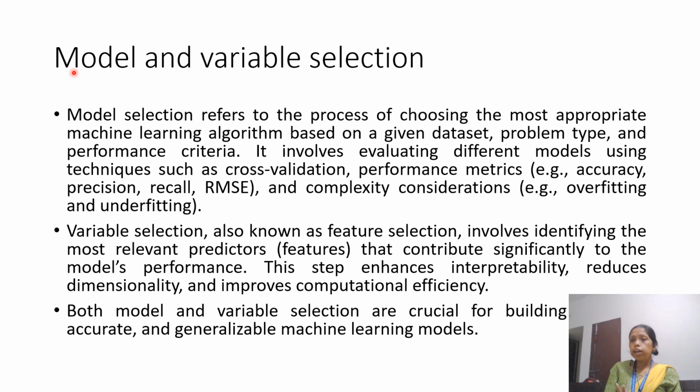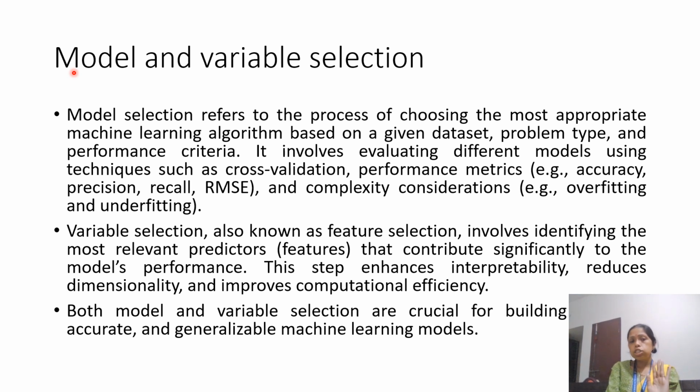After selecting the model, you have to go for the variable selection. Suppose you have 20 attributes; whether all 20 attributes are required for predicting the output. Sometimes if you feed all 20 parameters into the model, you will get overfitting. And if you give only two parameters to the model, again you will get problems related to overfitting and underfitting.